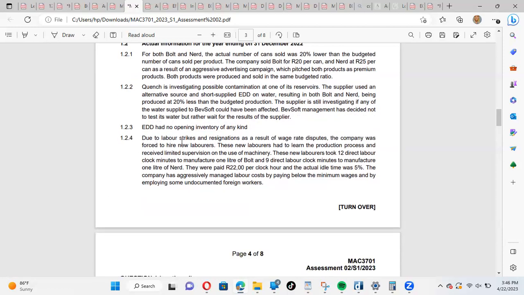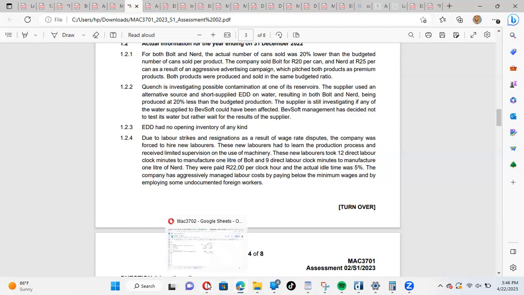Due to labor strikes and resignations as a result of wage rate disputes, the company was forced to hire new laborers. The new laborers had to learn the production process and received limited supervision on the use of machinery. These laborers took 12 clock minutes to manufacture 1 liter of bolts and 9 to manufacture the other one, and they were paid 22 rand.